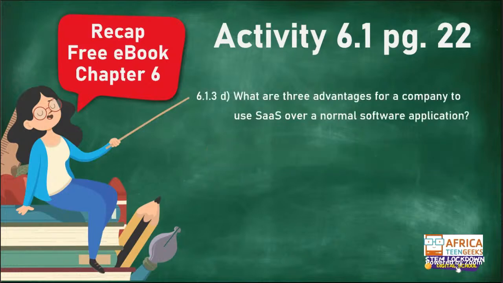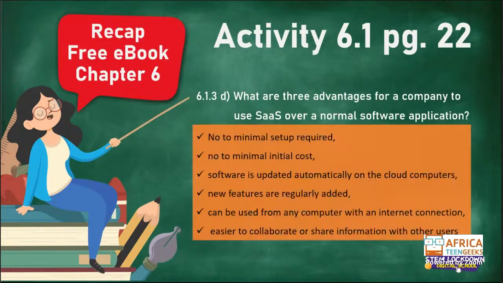And then lastly, what are 3 advantages for a company to use SaaS over a normal software application? There are several advantages that we have there. Number 1, no to minimal setup fees. Then software is updated automatically on the cloud.